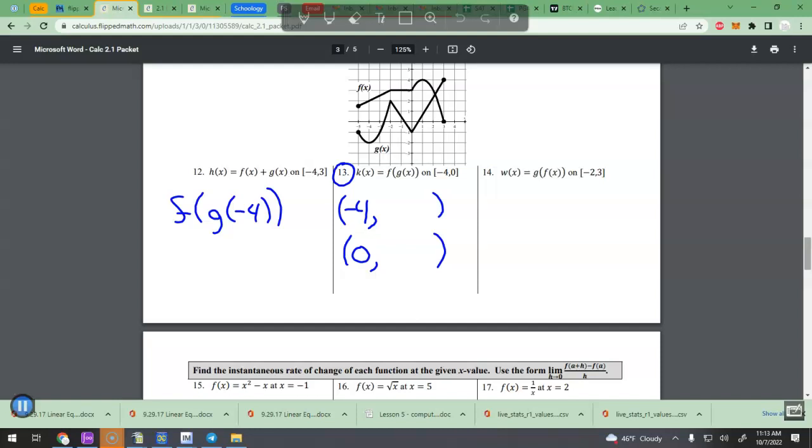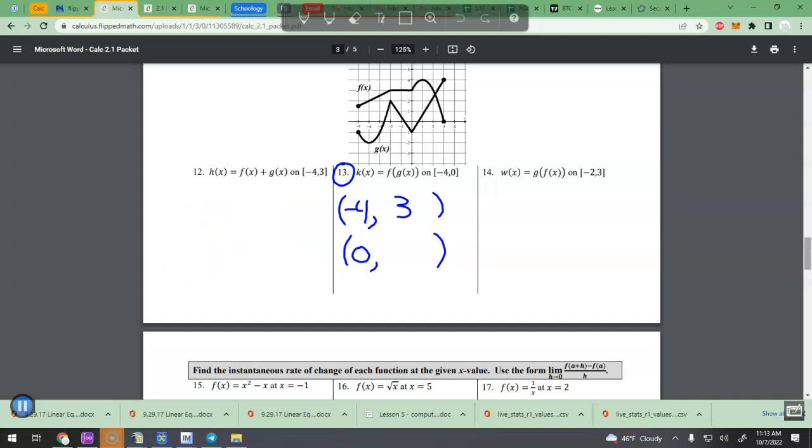So when I plug -4 into g, what do I get? -2. So then it becomes, okay, what's f of -2? Because that's simplified to be -2. So now you're plugging that -2 into f, and that would be 3. See how I'm doing that? Same idea for g, or for 0.